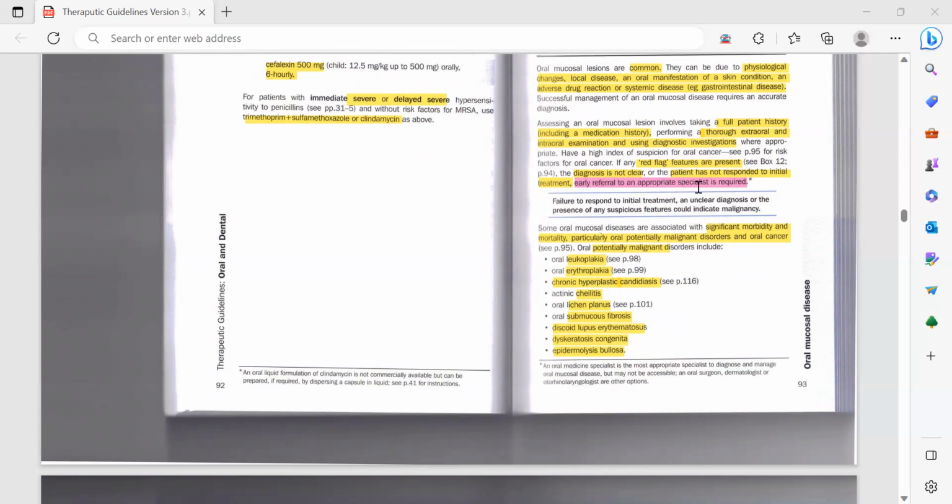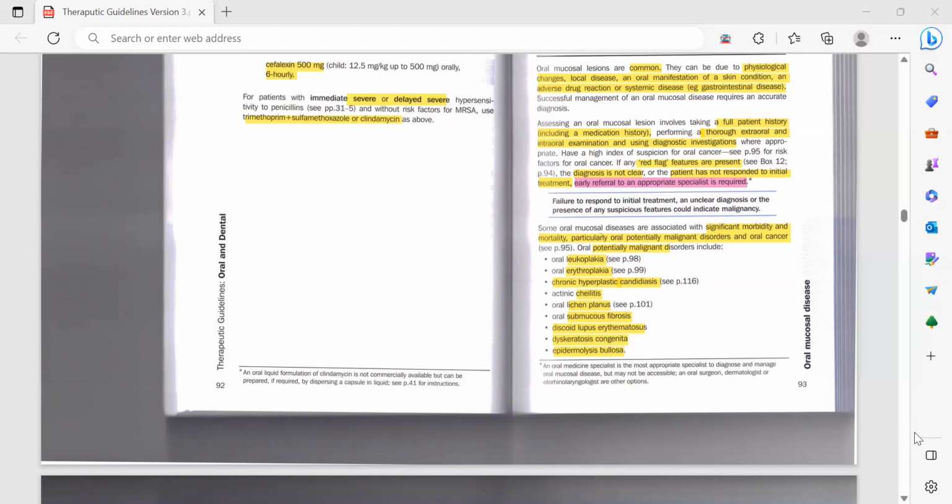Okay, and who will be the appropriate specialist? An oral medicine specialist is the most appropriate specialist to diagnose and manage oral mucosal diseases, but may not be accessible.